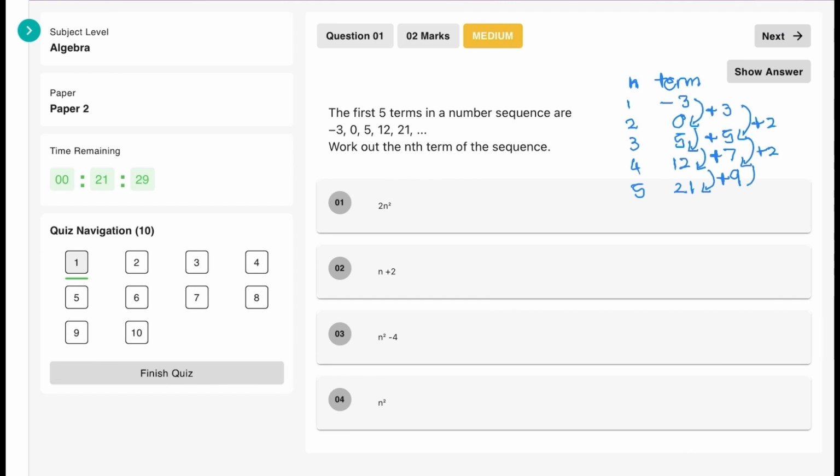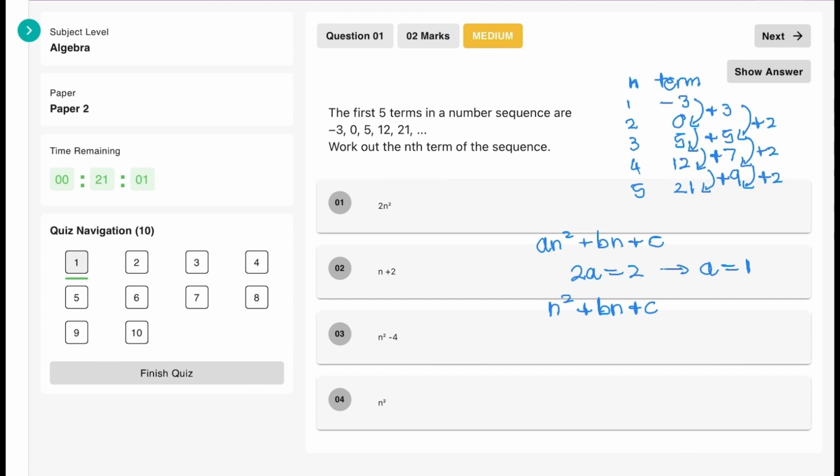The second difference is 2, so we are using a quadratic one here, and for the quadratic, remember, it is an squared plus bn plus c. So we know that 2a has to be equal to the second difference, therefore a is equal to 1. From this we can substitute the value of a, so n squared plus bn plus c.